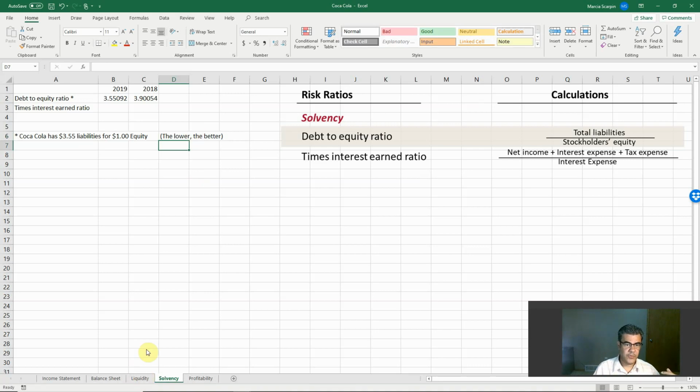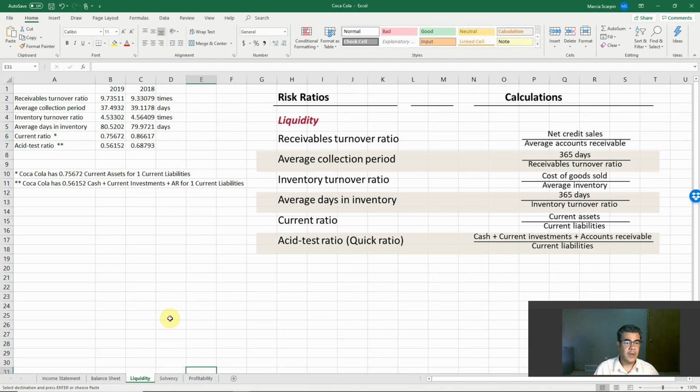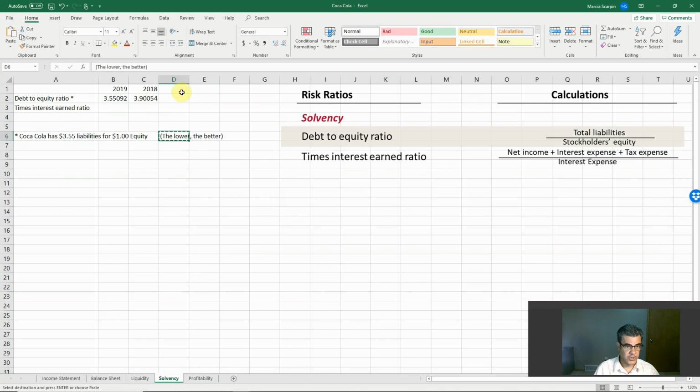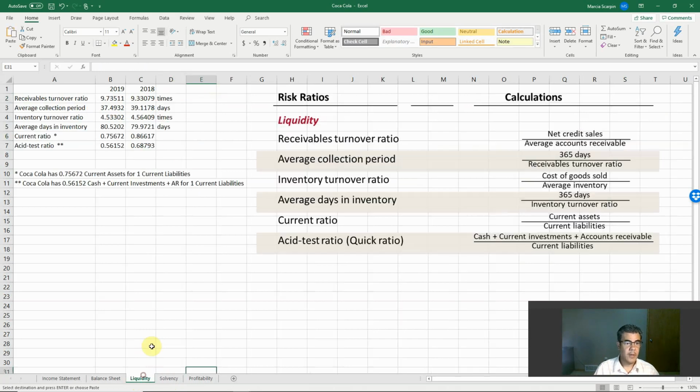And let's do this for the liquidity as well. So let's do it better, just like your file now that is here. Receivable turnover, the greater the better. Average collection period, the lower the better.